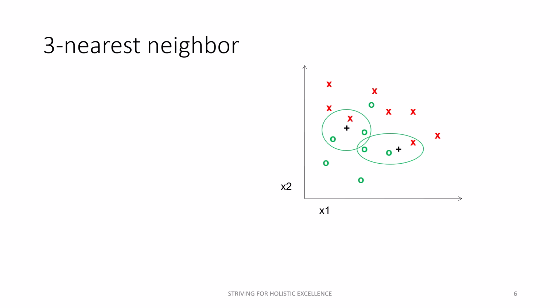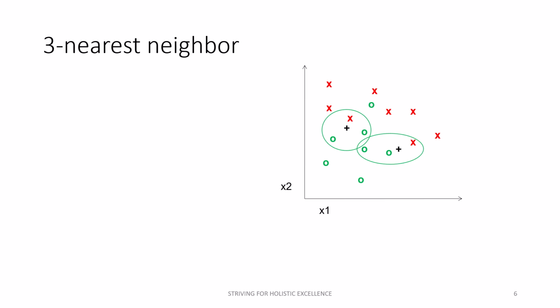Clearly here it is 2 green and 1 red, so green is the majority with 2 values. We can conclude that it belongs to the green class because 2 of the data points belong to green but only 1 belongs to red.